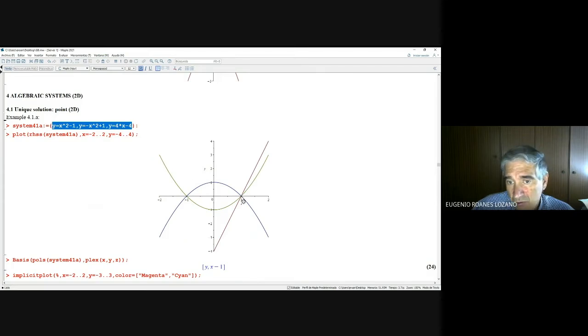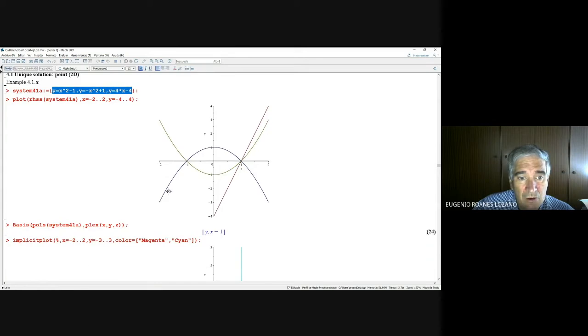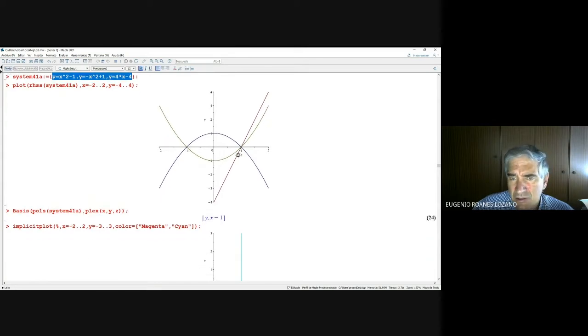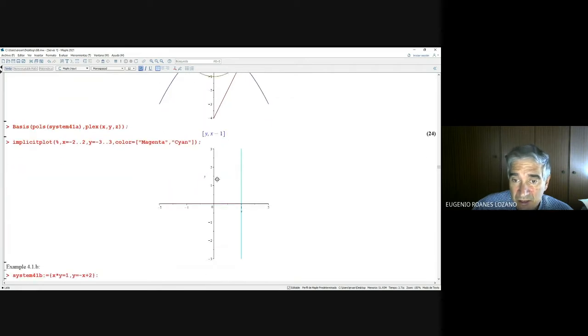The only real solution is (1, 1). If we compute the Gröbner basis, the set of polynomials returned is y minus 1, x minus 1. So the system, whose equations had these zero sets, can be represented in a simpler way this way.